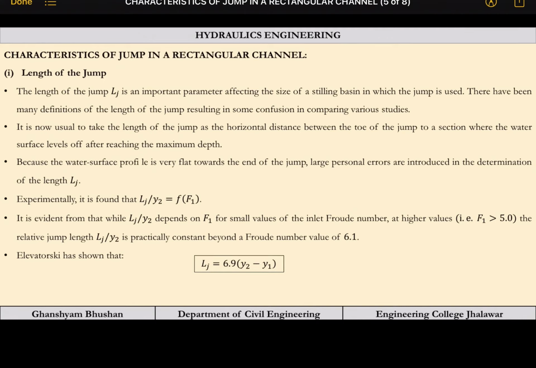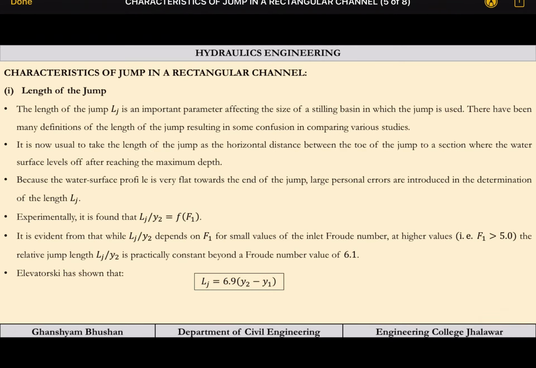The length of the jump is an important parameter affecting the size of the stilling basin in which the jump is used. If we want energy loss, we will design our stilling basin according to the length of the jump. It should be greater than the length of the jump so that the energy dissipation will take place. We have to provide the space to the jump so that it can dissipate the energy as per our requirement.